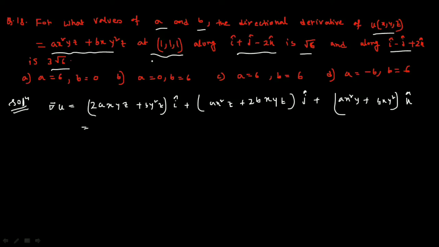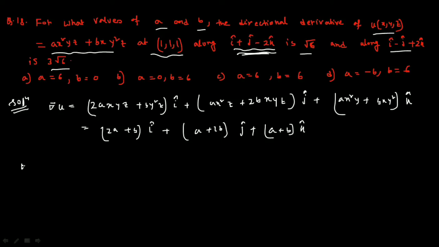Now let me put 1 comma 1 comma 1. So it will be 2a plus b i cap plus a plus 2b j cap plus just a plus b k cap. So this is the gradient of u. Now for the first case, you have to take the dot product with this vector.